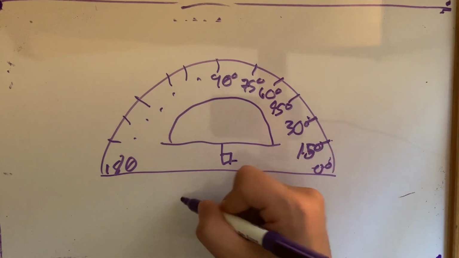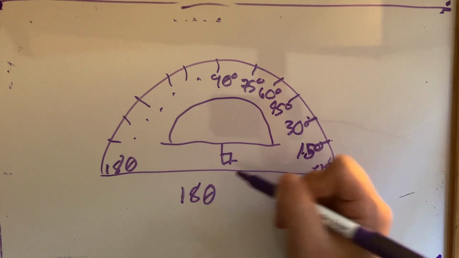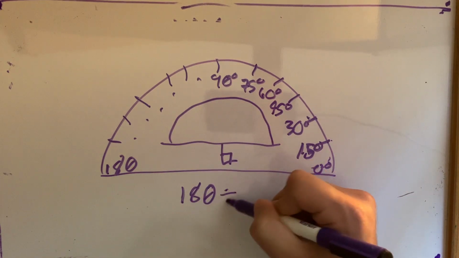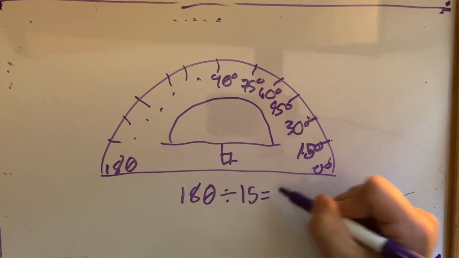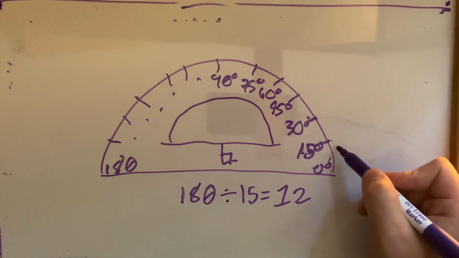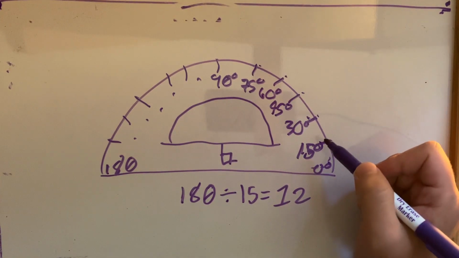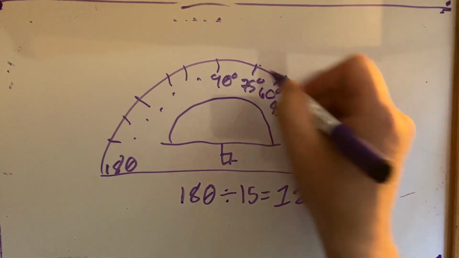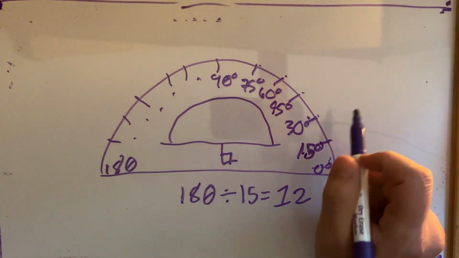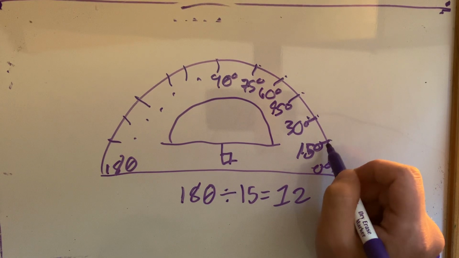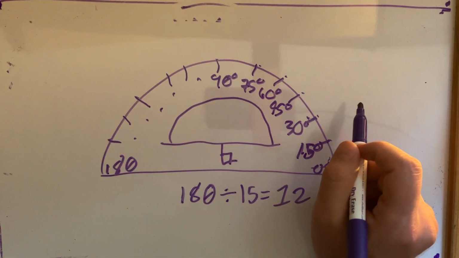So let's see how many units of 15 go into 180. What's the answer? None other than 12. There are 12 of these 15 degree units in half the circle.